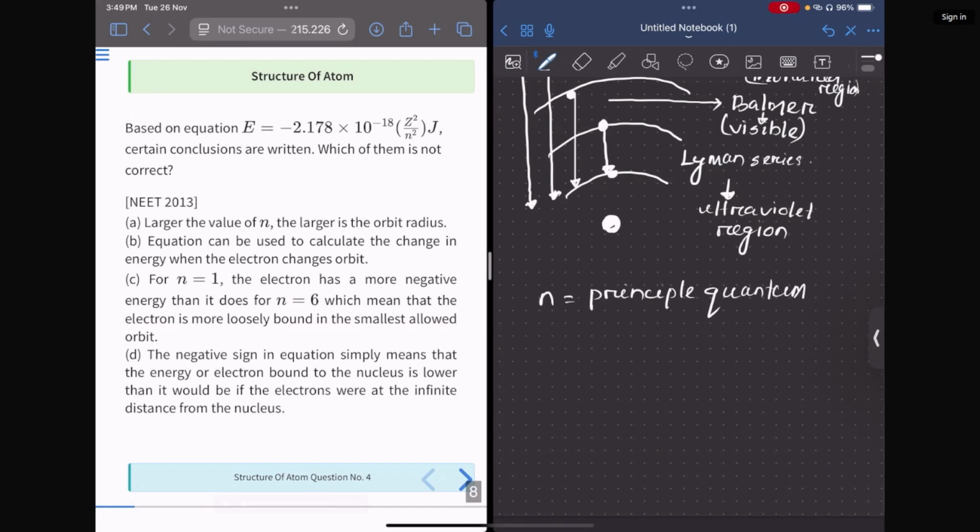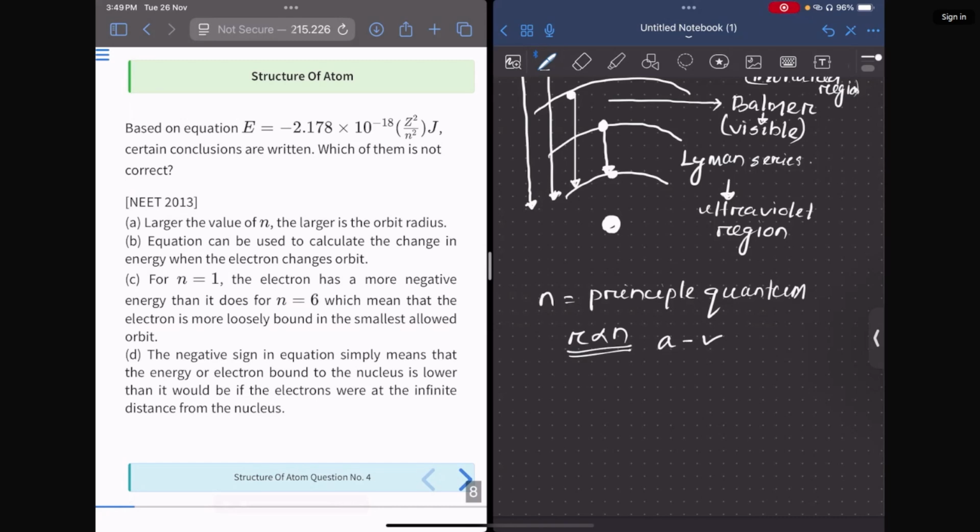You know that the radius is directly proportional to the principal quantum number. The higher the principal quantum number, the higher will be the radius. So the first option, the larger the value of n, the larger is the orbit radius, is correct.